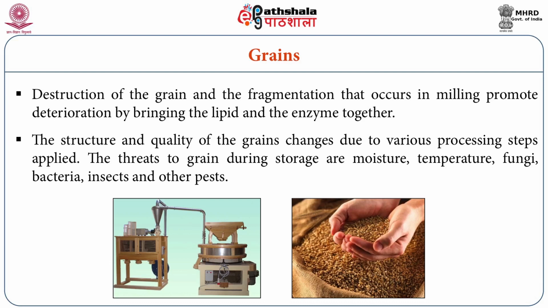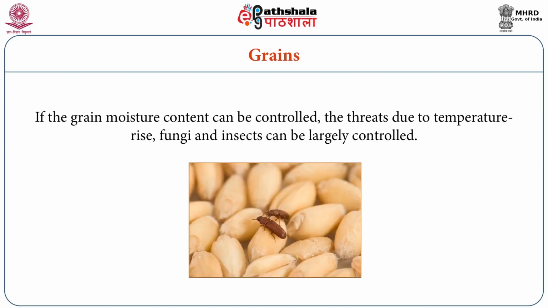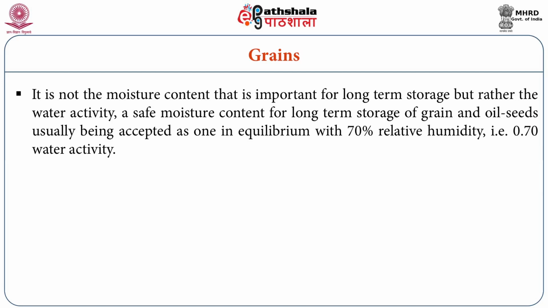The threats to grains during storage are mainly moisture, temperature, fungi, bacteria, insects, rodents, and some other pests. If the grain moisture content can be controlled, the threats due to temperature rise, fungi, and insects can largely be controlled. It is not the moisture content that is important for long term storage, but rather the water activity.